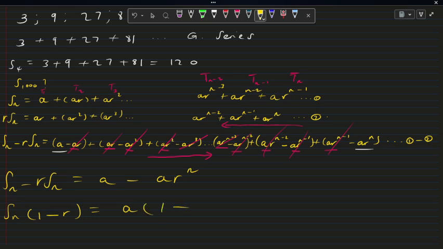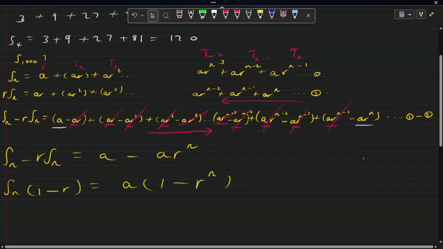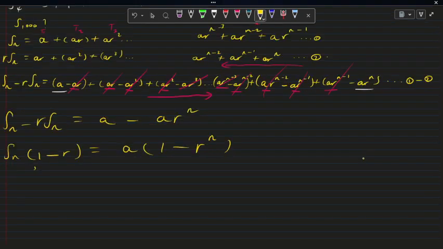On this side, there is a being a common factor, so it will be 1 minus r to the power of n. Okay, and then we can get Sn by dividing by 1 minus r on both sides, so a times 1 minus r to the power of n, and then we can divide that by 1 minus r.